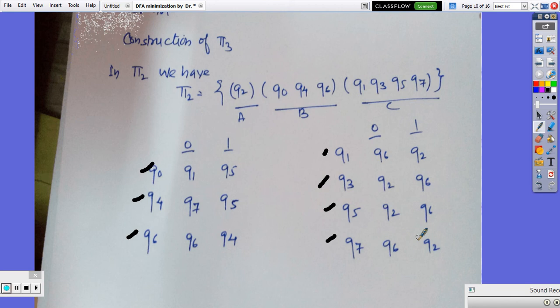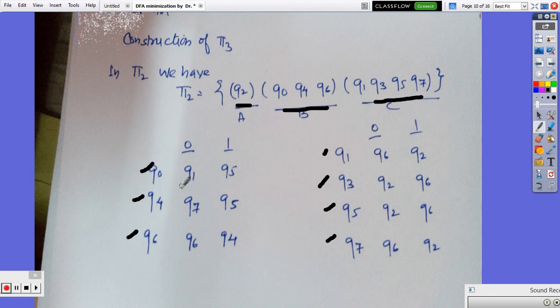Now to identify whether the transitions belong to the same set or not, I have given names: A, B, C. I have given these names just to check whether the transitions lead to the same set of states or different ones.